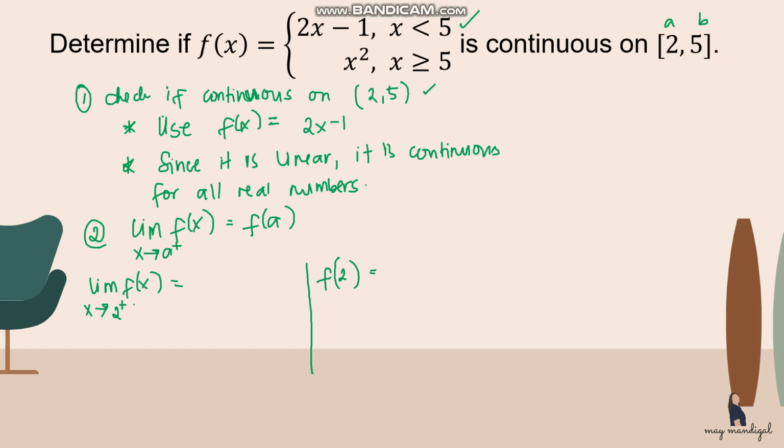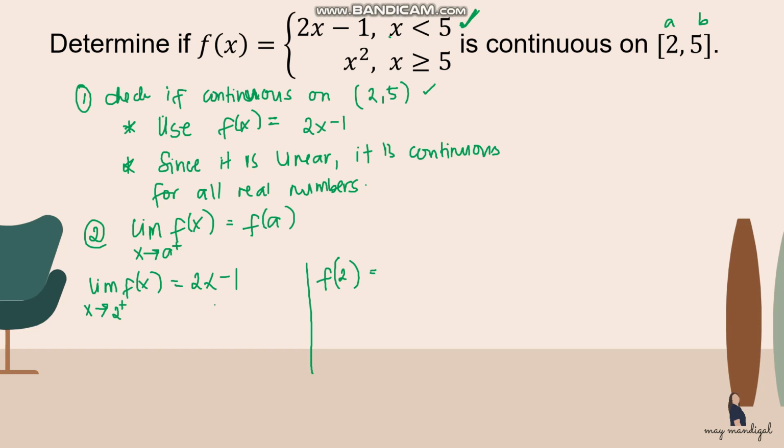So, values that are greater than 2, but we're just considering the values that are closest as possible to 2. So we have to use again the first interval, because those values of x are under this subfunction, which is for x less than 5 only. So we're going to use this 2x minus 1.